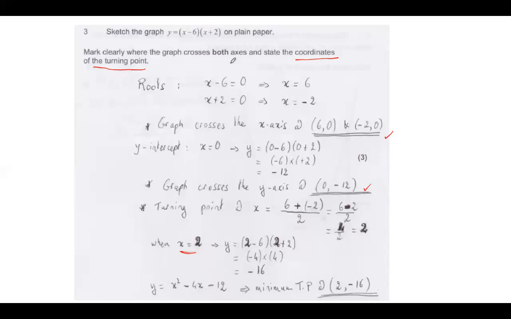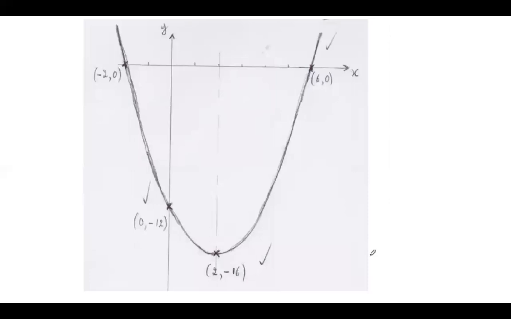Then you state the coordinate of the turning point. Here, you get that mark. The coordinate of the turning point is 2 for x and -16 for y, and you put them into brackets. Okay, so I've got everything I need. Now, to draw it, you just put x and y.